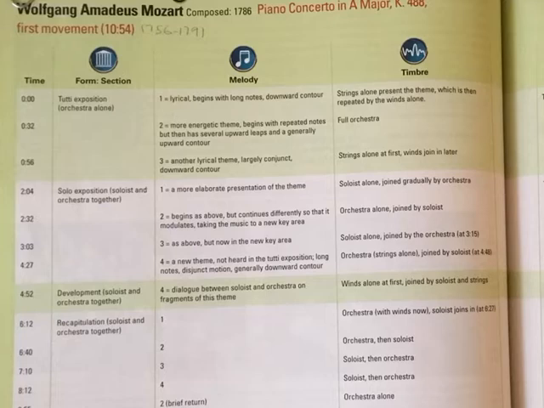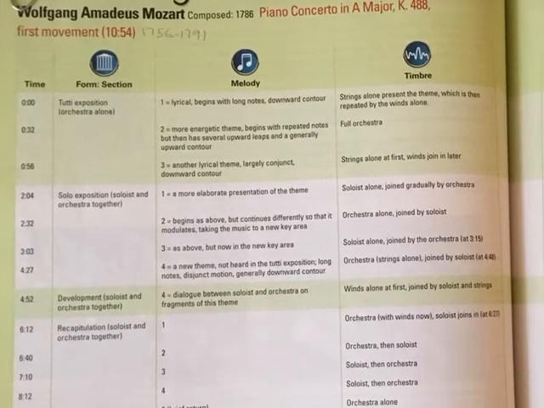And then 3, more lyrical. That's when we modulate to the second theme. Okay, they're not labeling anything here as a closing theme. But we have the main sections there of the exposition. Theme 1, bridge, which takes us to theme 2, different in character, different in key.